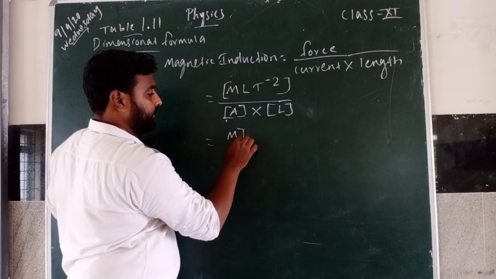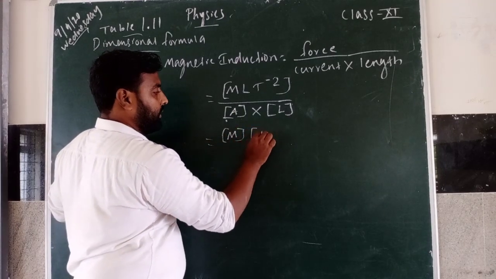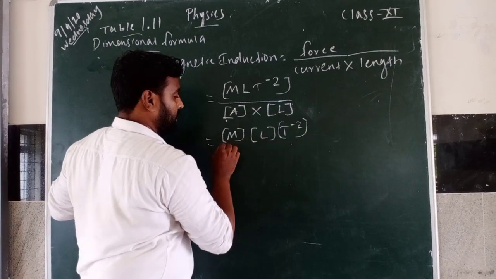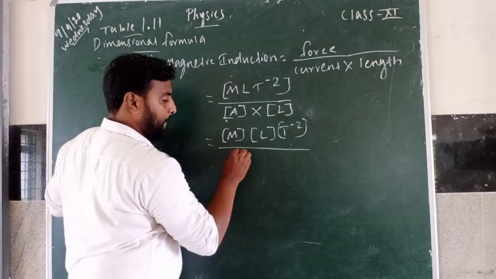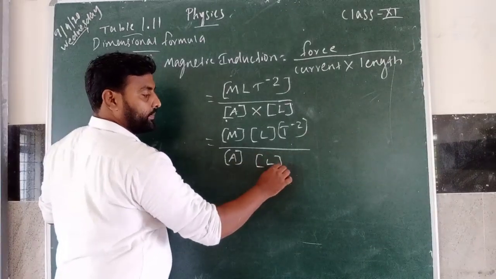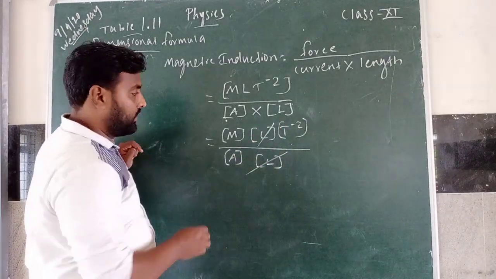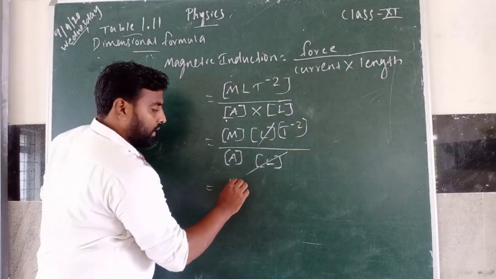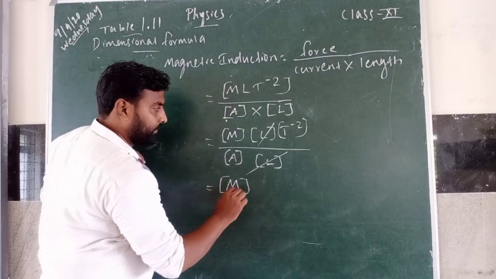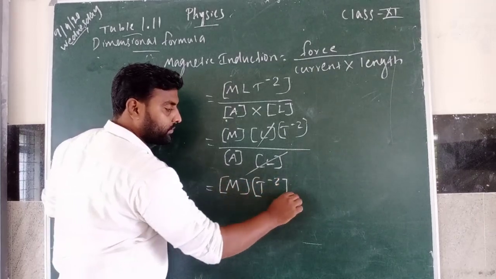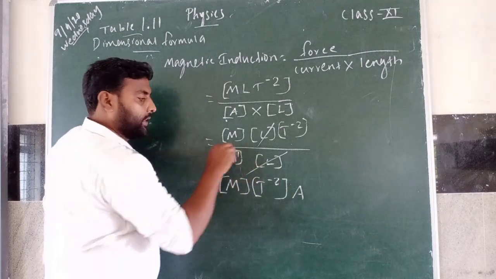M L T power minus 2 divided by A L. Cancel this L and L. Take this A upside. T power minus 2, A power 1 is there.